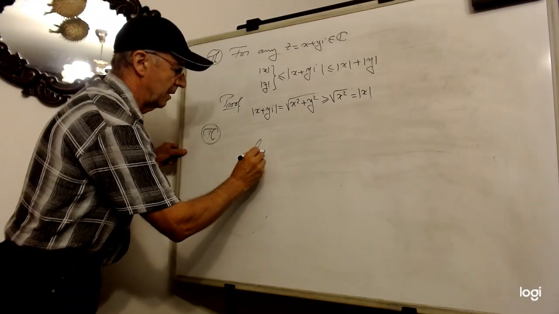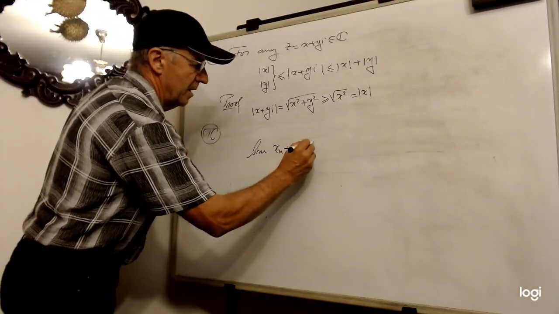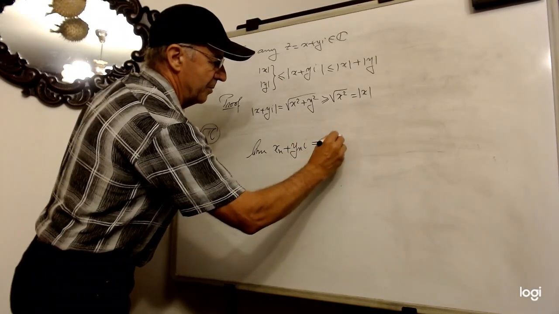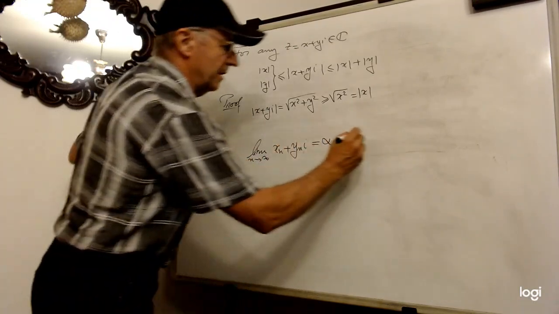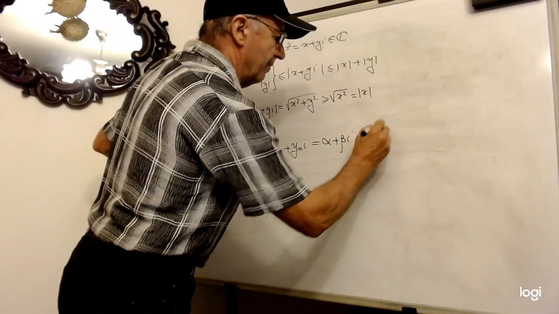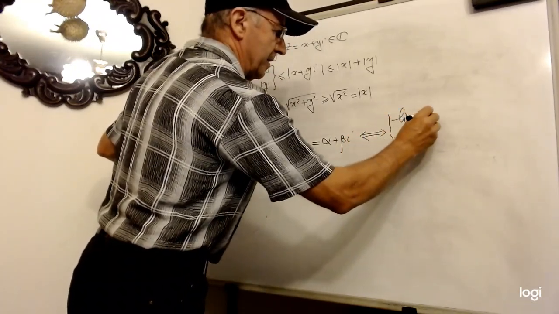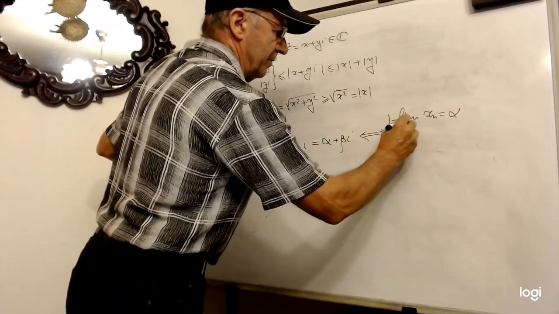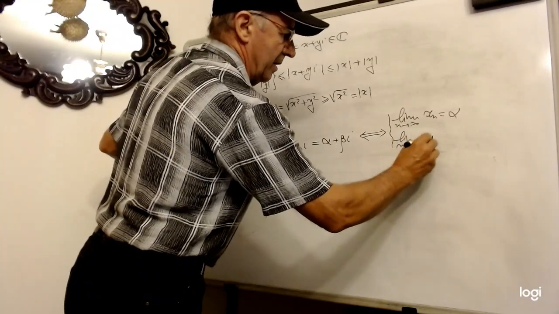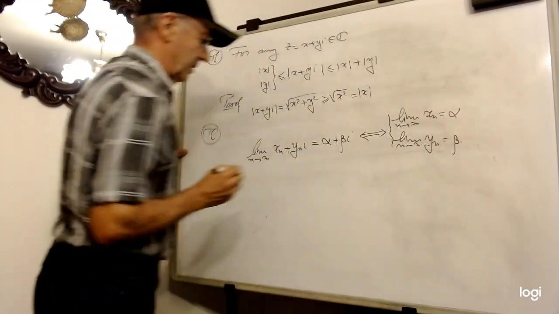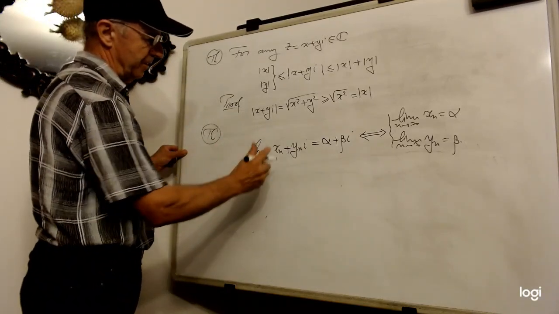And we have the following result. The limit of a sequence xn plus yn i is alpha plus beta i for n going to infinity if and only if the limit of xn is alpha for n going to infinity and the limit of yn is beta. You have just to use the definition.